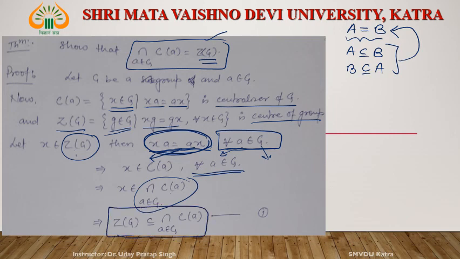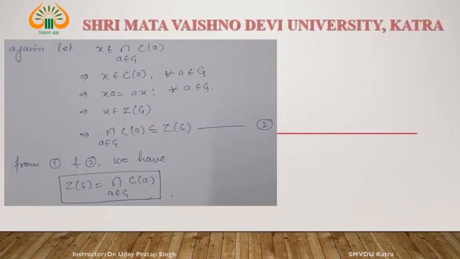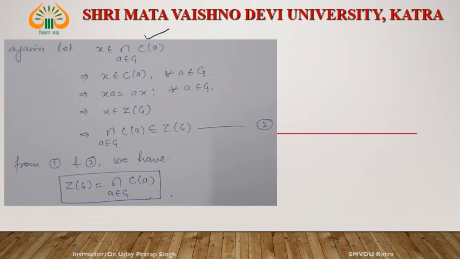Now let x belong to the intersection of the centralizers of a.